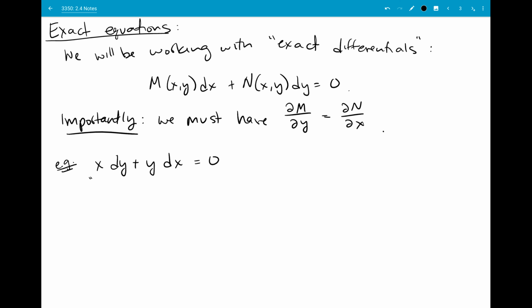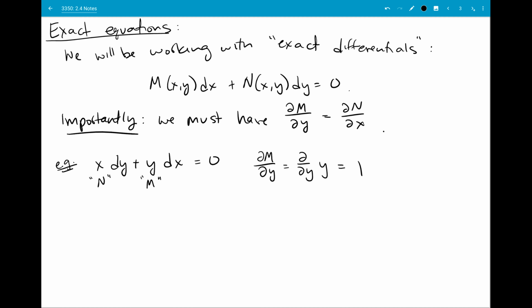The x attached to the dy was our N, and the y attached to the dx was our M. So then dM/dy was just d/dy of y, which is 1. And our dN/dx was just d/dx of x, which is also 1. So the reason we could use that method to solve our separable equation was because it was exact.